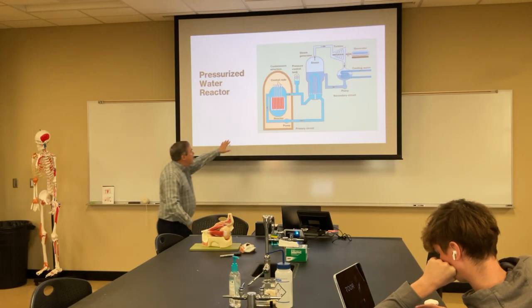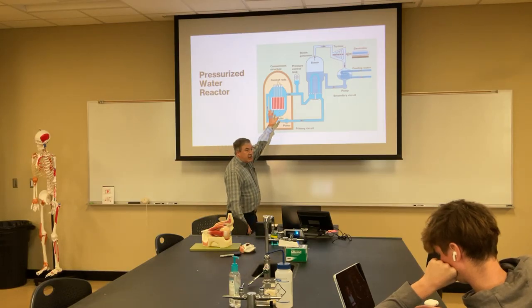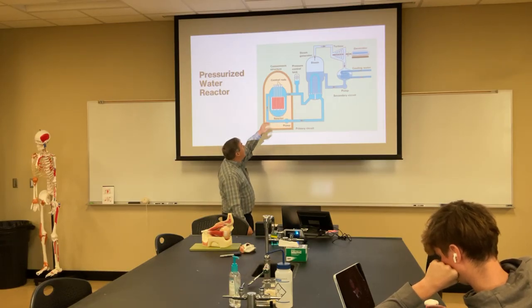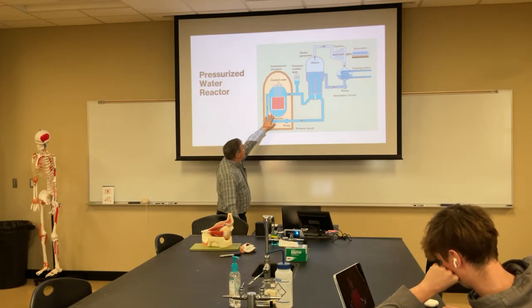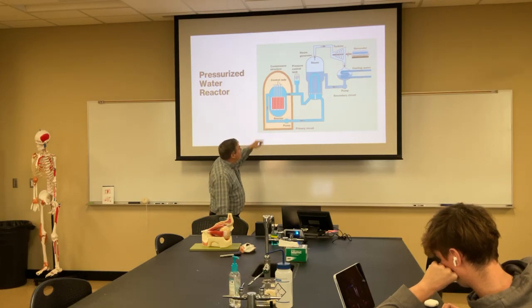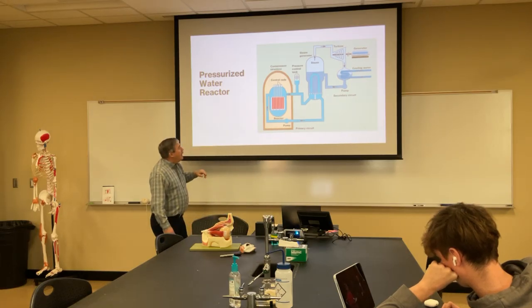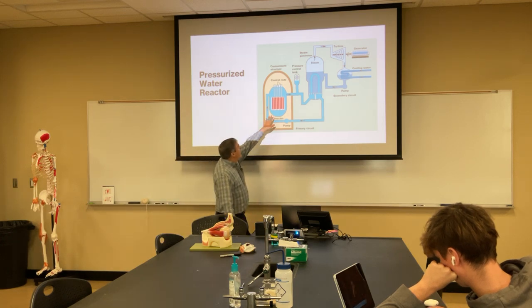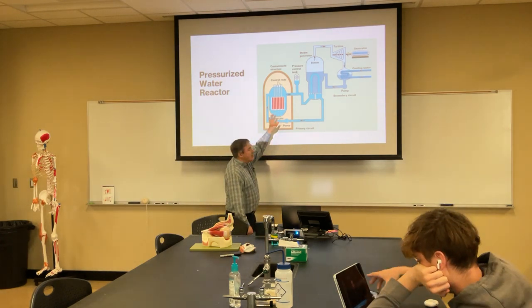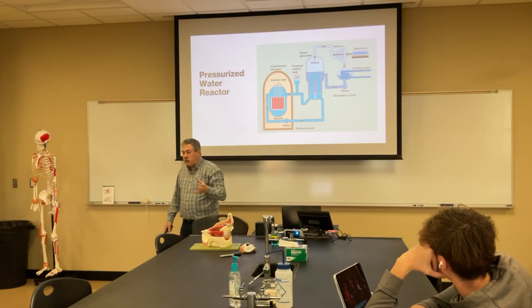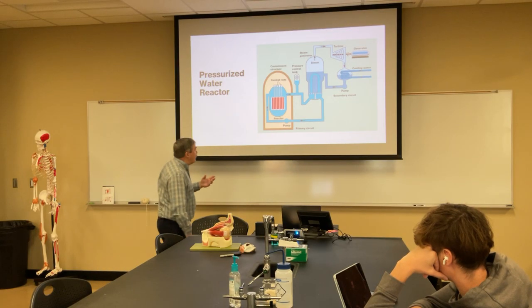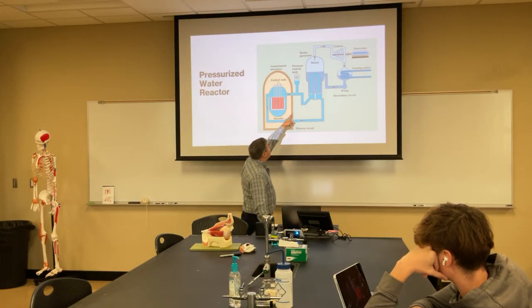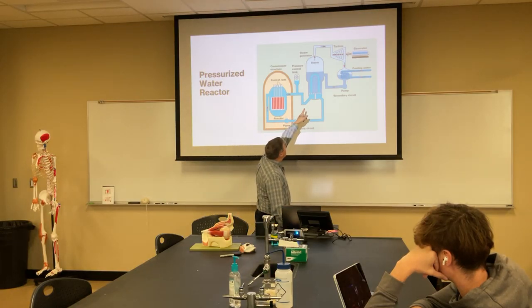So anyway, this heats up as a result of the chain reaction, which can be controlled using the control rods. And the fuel rods are surrounded by water that's circulated by a pump. And so the chain reaction heats up that water, it superheats the water because the water is under pressure, and so it can't expand to form a gas, so it gets superheated. That water is then pumped into a steam generator.